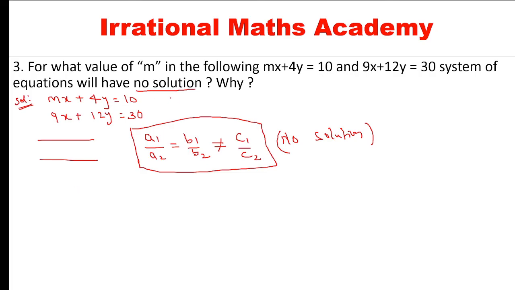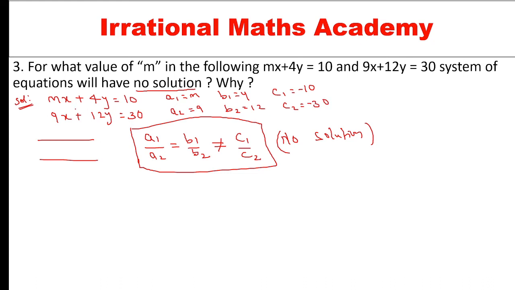So from here, what is the A1 value? Let me write down. A1 value is M, B1 value is equal to 4, and C1 value equal to minus 10. Let me write down in the standard form. Next, A2 equal to 9, B2 equal to 12, and C2 equal to minus 30.